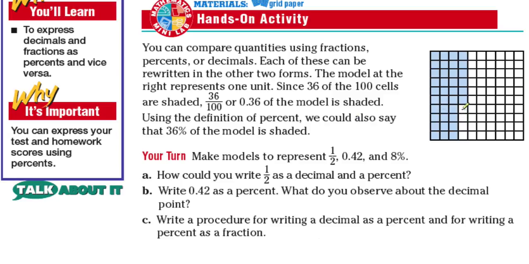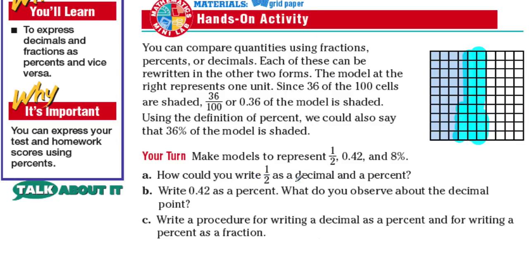Since this is already 36, 37, 38, 39, 40, 41, 42, so that means this whole thing is 40, and this becomes 50% right here.